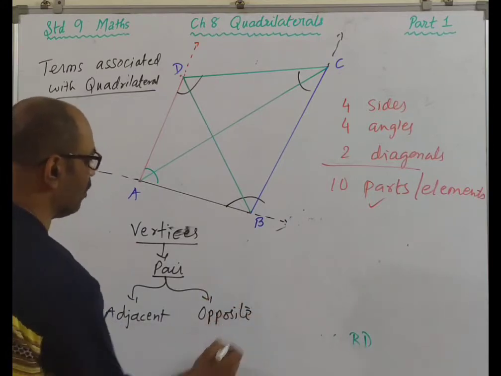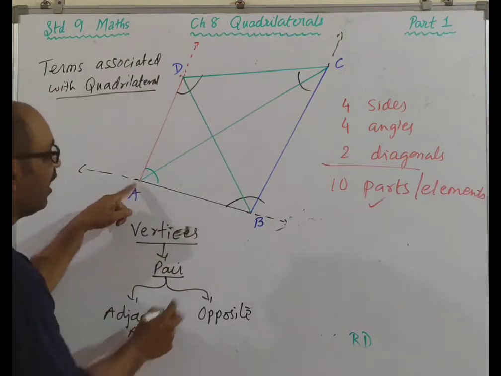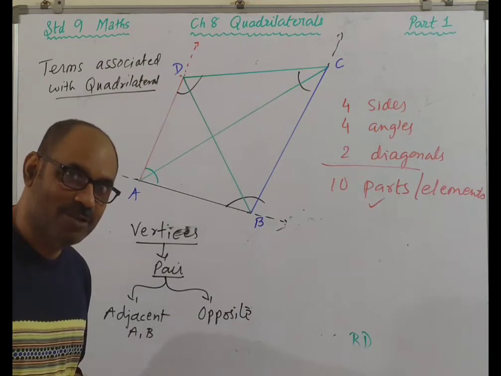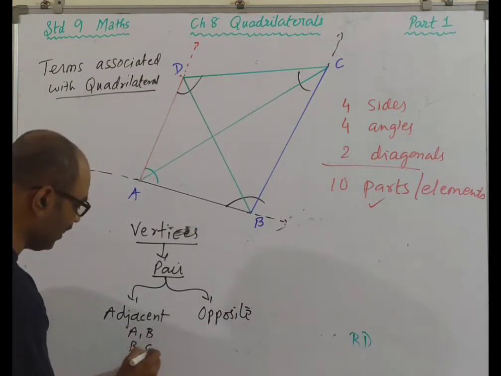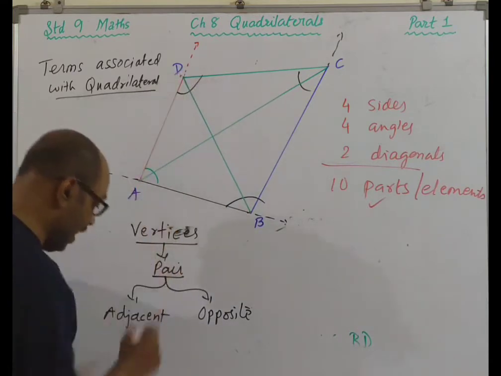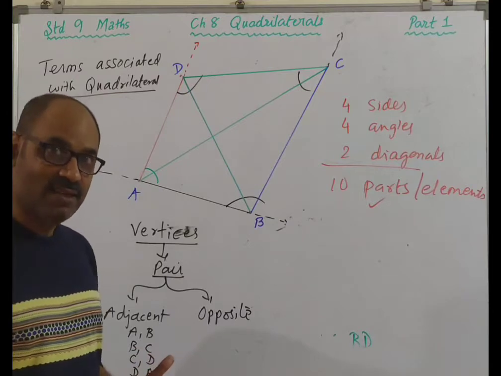Adjacent vertices and opposite vertices. A and B are adjacent. B and C, adjacent means neighboring, side by side. Then C and D, and D and A. So you have 4 pairs of adjacent vertices.